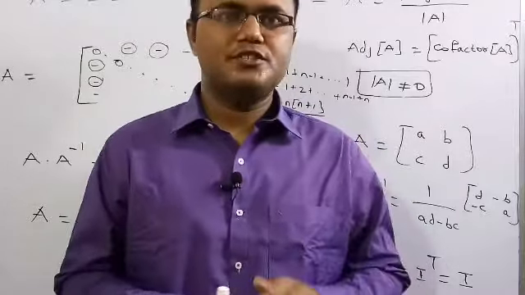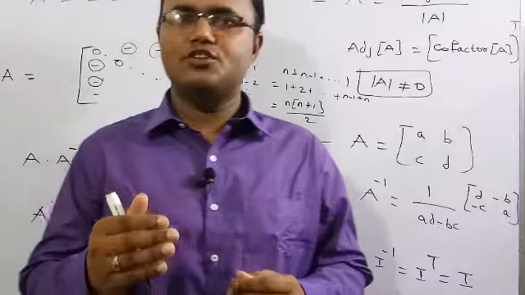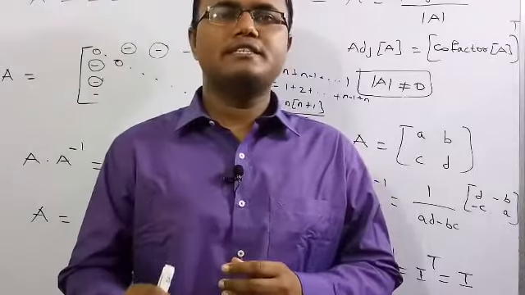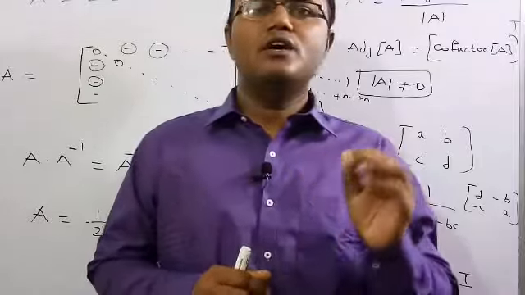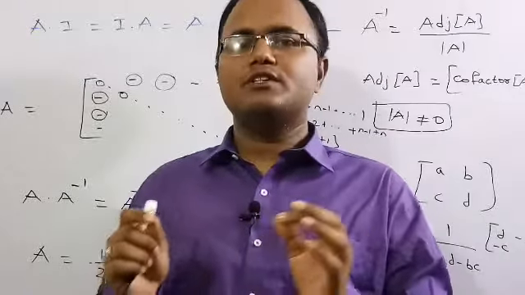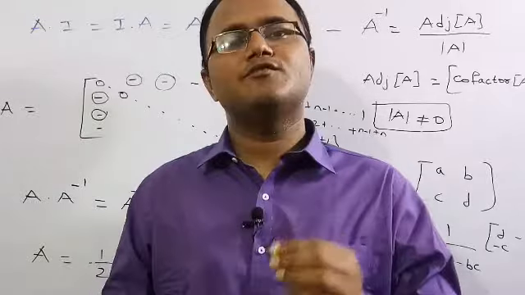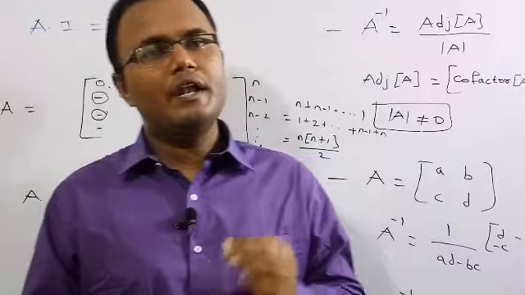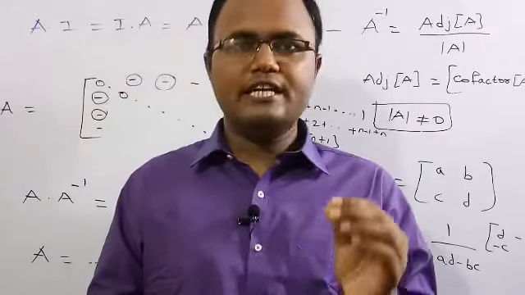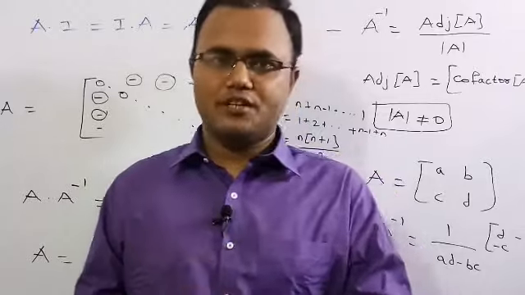Now, zero solution for any matrix. Zero solution means 0, 0, 0, and it is also called a trivial solution. In any question, if they ask whether the equations have a trivial solution or not, they are asking whether the zero solution satisfies these equations. Whenever the zero solution satisfies the equations, we say the equation has a trivial solution.